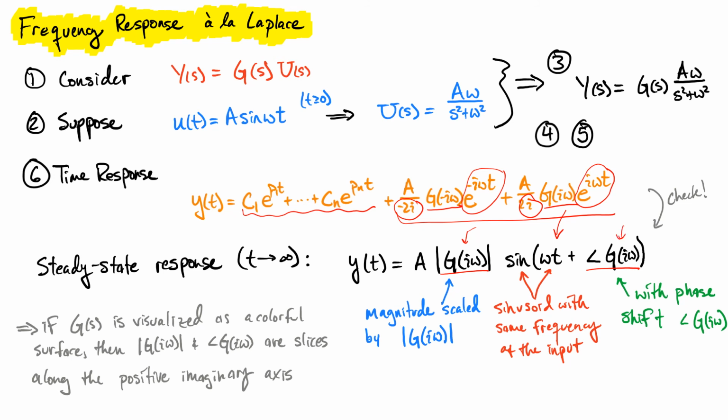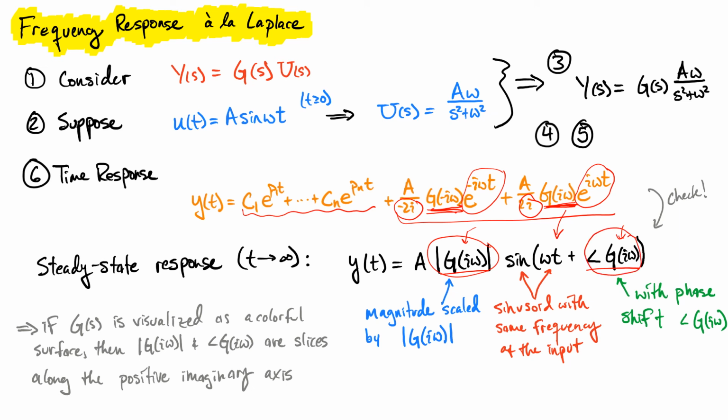So essentially you're going to rewrite these terms in terms of their magnitudes and phases, in polar form, because these are complex values. The magnitude comes here, and the phase part comes here.